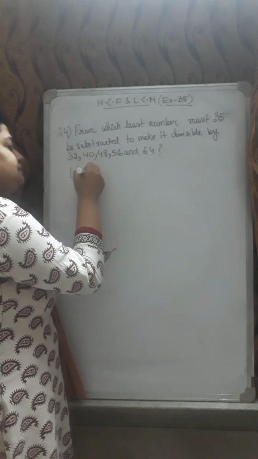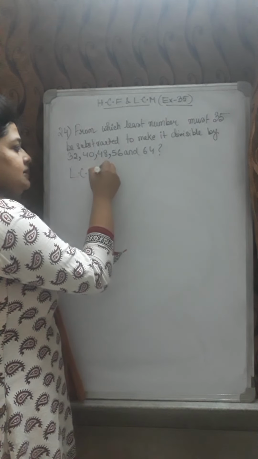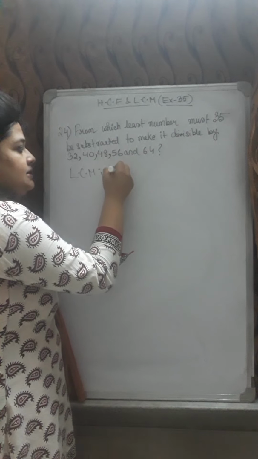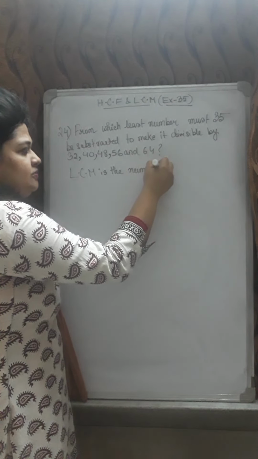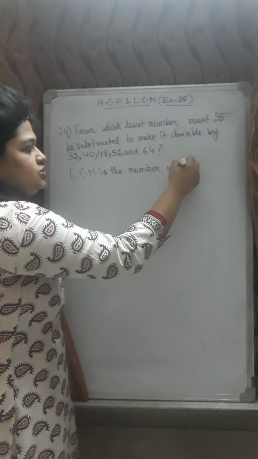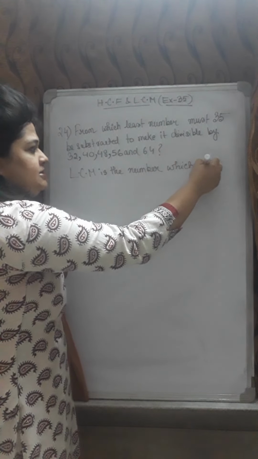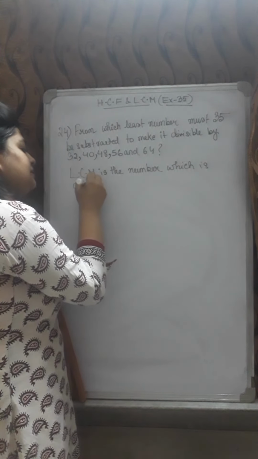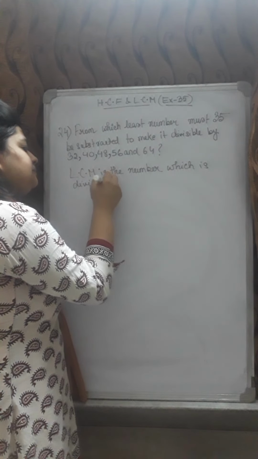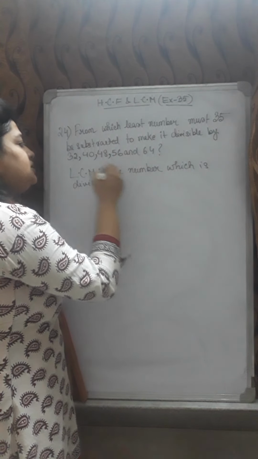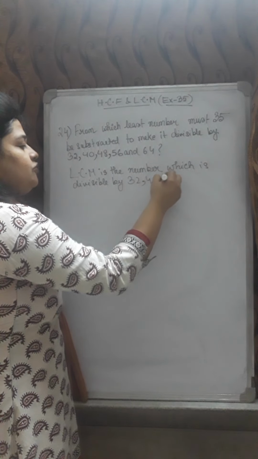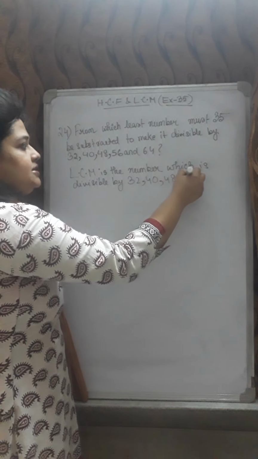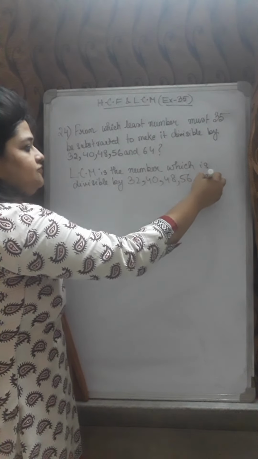LCM is the number which is divisible by all the given numbers, that is 32, 40, 48, 56 and 64.